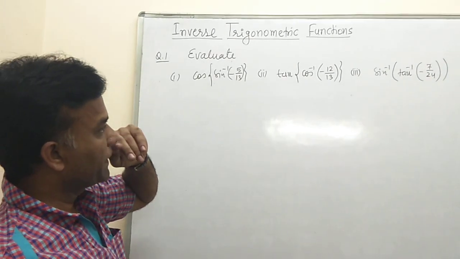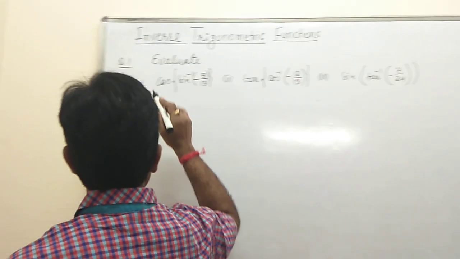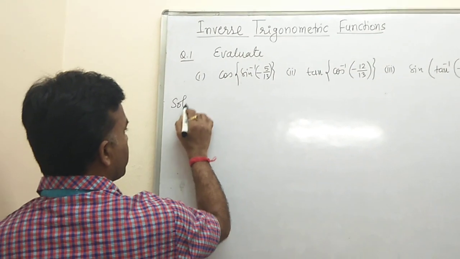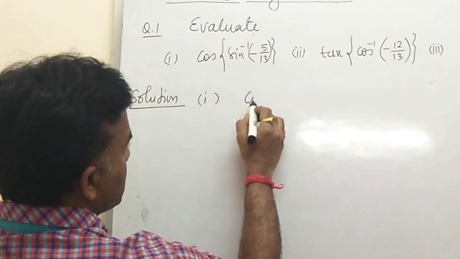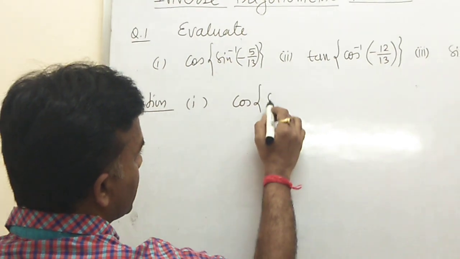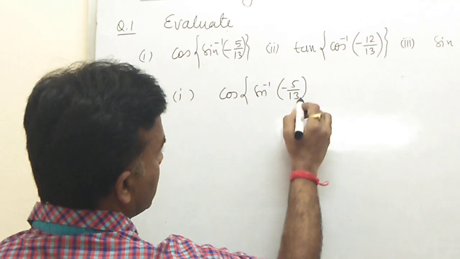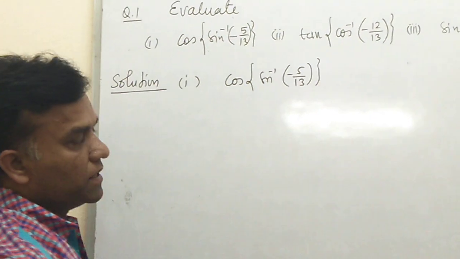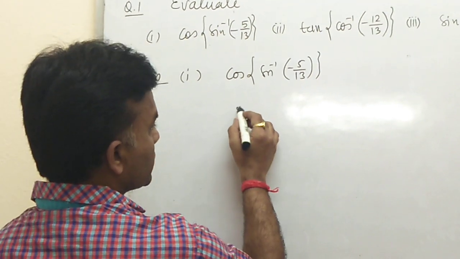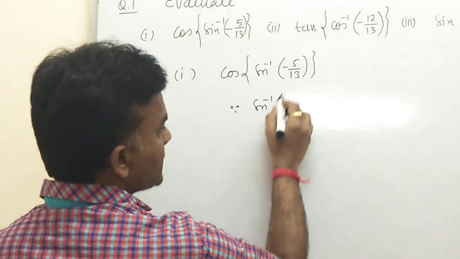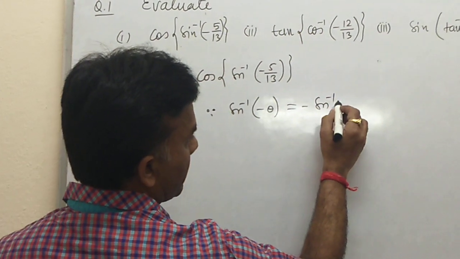So many properties are here, and now we have this first question: cos of sine inverse minus 5 by 13. First we know that the inside value is negative, so you write down the basic formula sine inverse of minus theta is minus sine inverse theta.